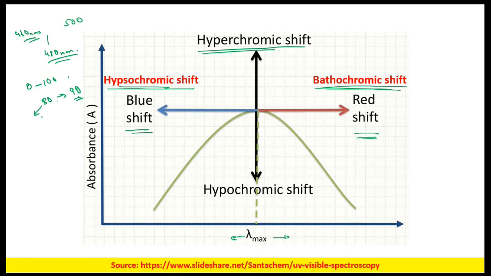And if it reduces the absorption to 70 or so, then we call it hypochromic shift. So these are four kinds of shifts which you need to remember. Bathochromic shift, which is red shift; hypsochromic shift, which is blue shift; hyperchromic shift, where there is an increase in the absorption; and hypochromic shift, when there is a decrease in the absorption. Okay.